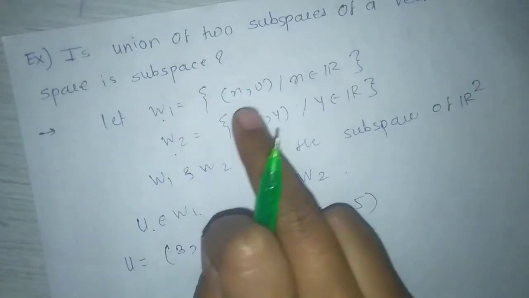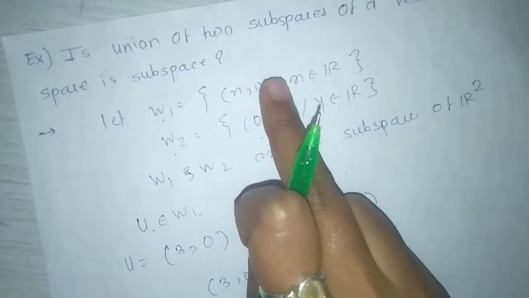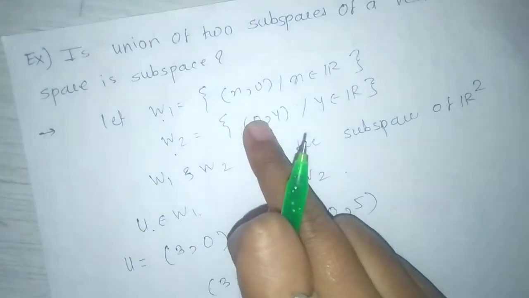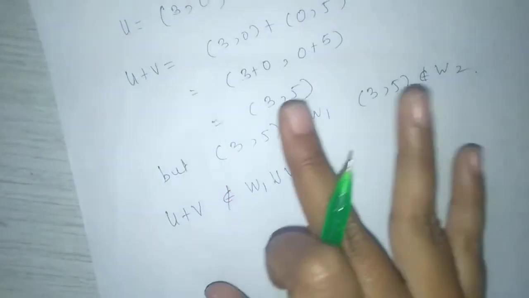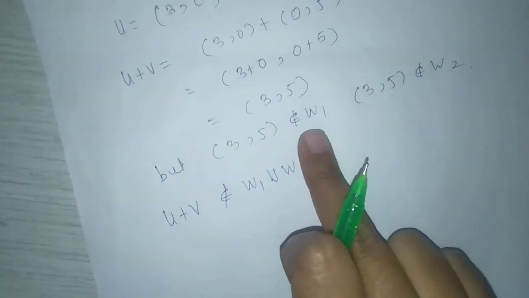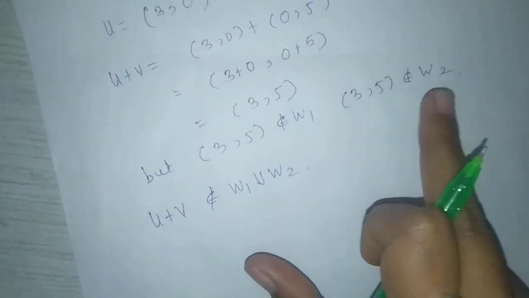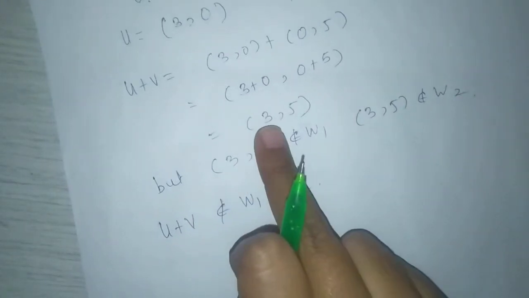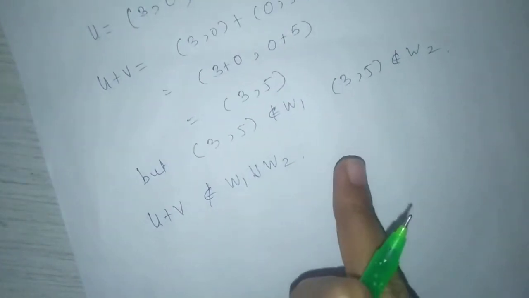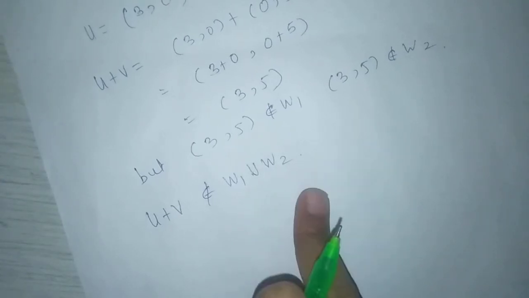elements of W1 and W2 are in the form (x, 0) and (0, y). Here the second element is 0, here the first element is 0. But here both the elements are non-zero. That's why (3, 5) does not belong to W1 and (3, 5) does not belong to W2. Means U plus V, which is equal to (3, 5), does not belong to W1 union W2.